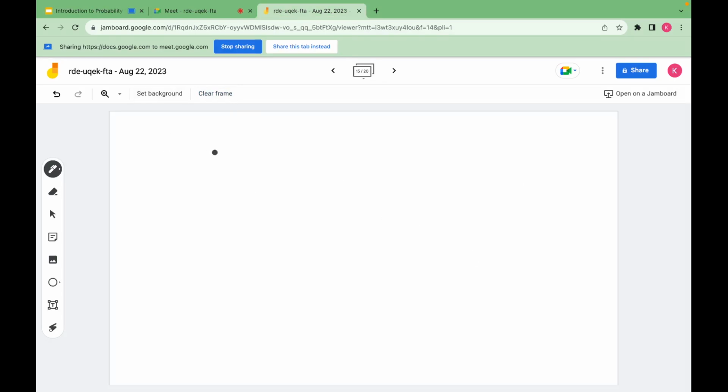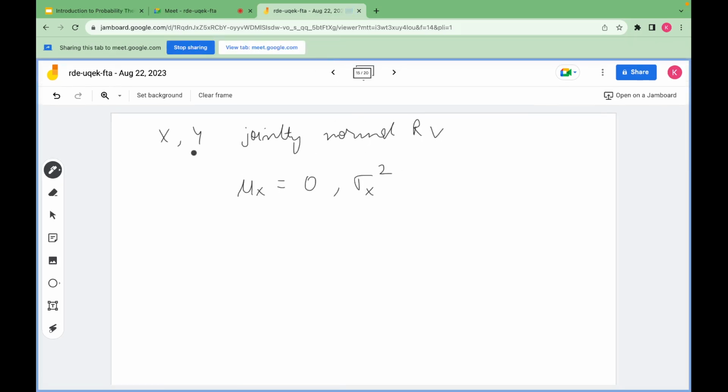We are given that x and y are jointly normal random variables with parameters: mu x is 0, sigma x square is given as 1, mu y is minus 1 and sigma y square is 4.